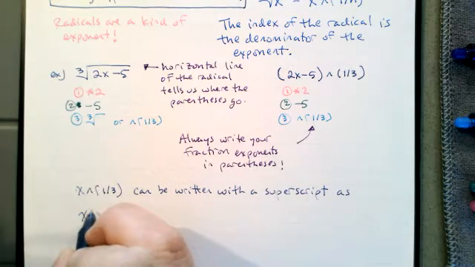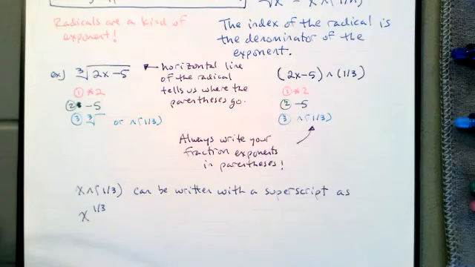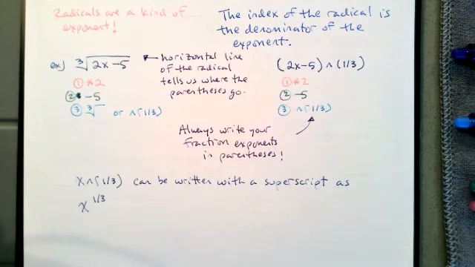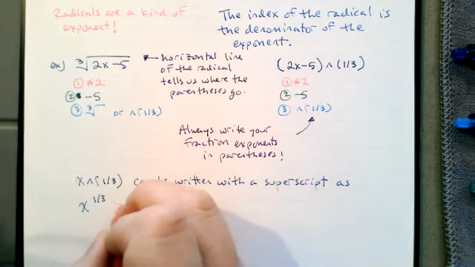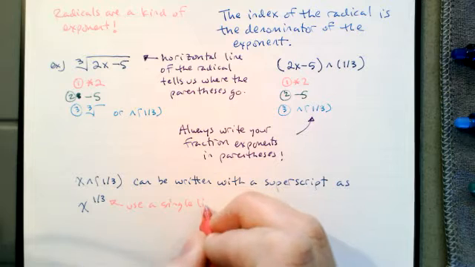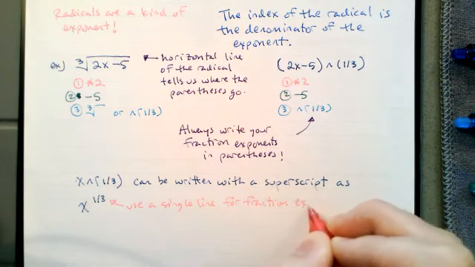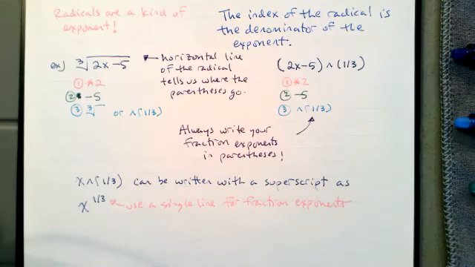As x, and then we have to make it very clear that we're making a superscript, and then 1/3 power. When we write fraction exponents with a superscript, we should definitely write side to side, not diagonal and not up and down. We should use a single line for fraction exponents.